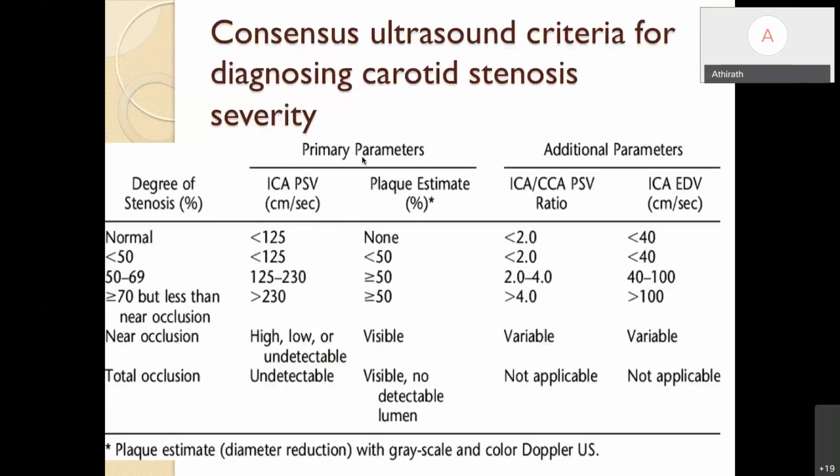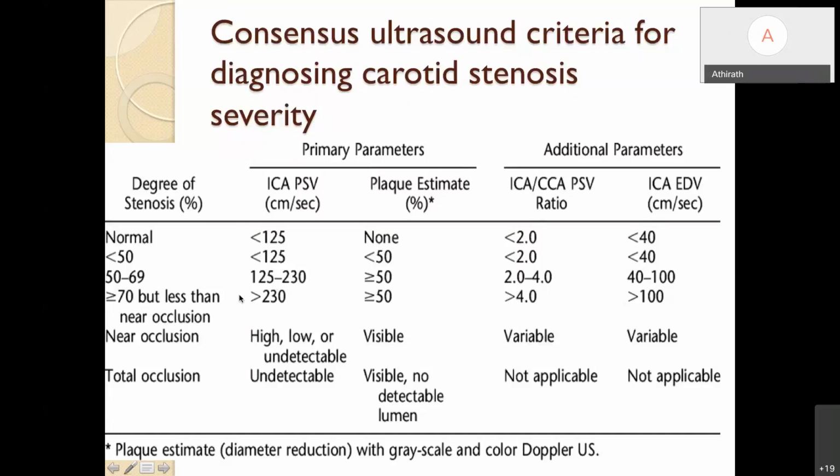Now, there are various criteria for diagnosing carotid stenosis severity, but this is the one given in our textbook, Rutherford. What we are more concerned with is the 50 to 69% stenosis and the greater than 70% stenosis. In the 50 to 69% group, the PSV of the ICA will be 125 to 230 with a PSV ratio of about 2 to 4 and an end diastolic velocity of about 40 to 100 centimeter per second.